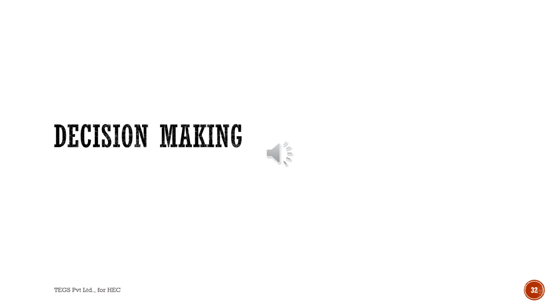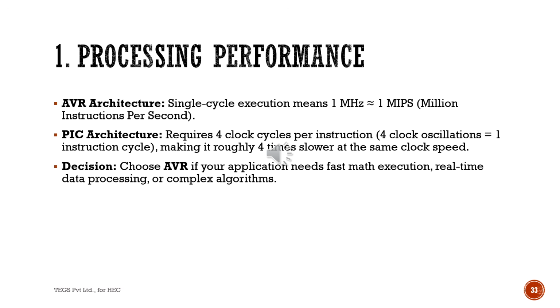Decision making. The first point to be considered for making a decision is the processing performance. AVR architecture enables single cycle execution. This means 1 MHz is equal to 1 million instructions per second.